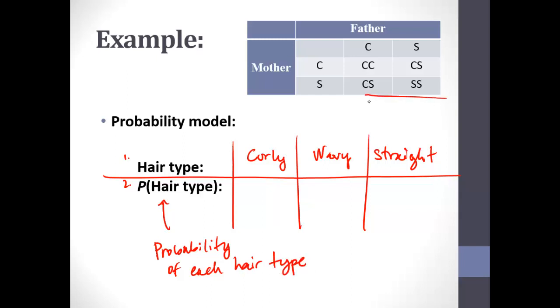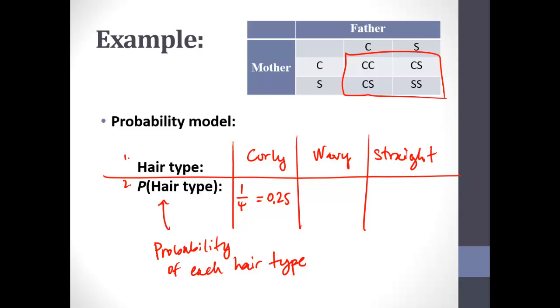So looking up here at the little Punnett square that I have, what's the probability that the child will have curly hair? 25%, right? So I have 1 out of 4, or 0.25. And in this chapter we'll go more with the decimal representation. So we'll think about the proportion instead of the percentage.